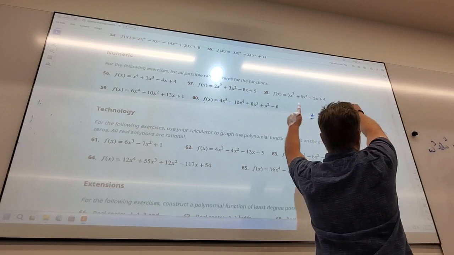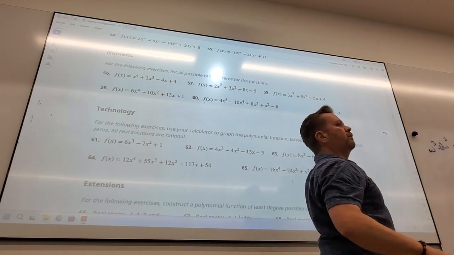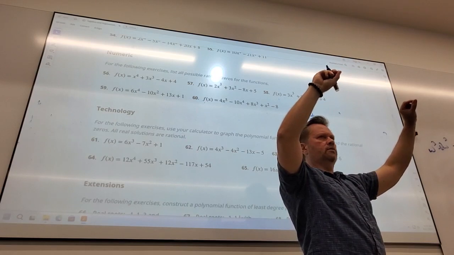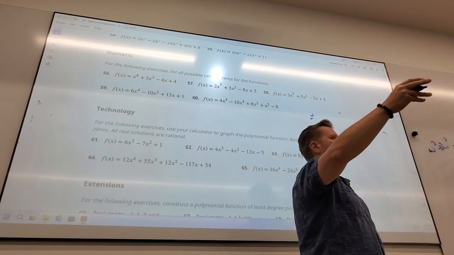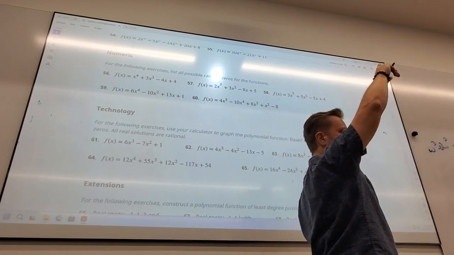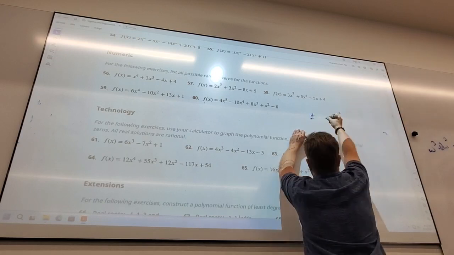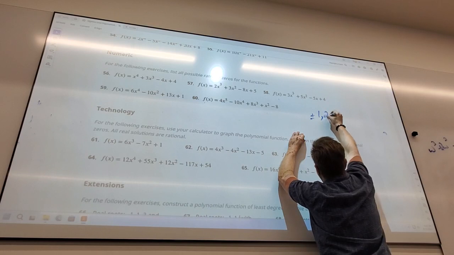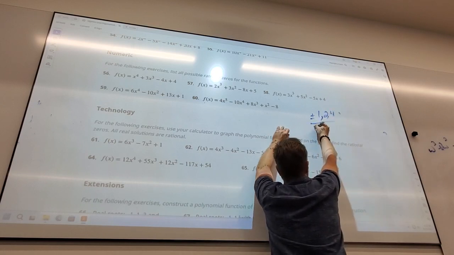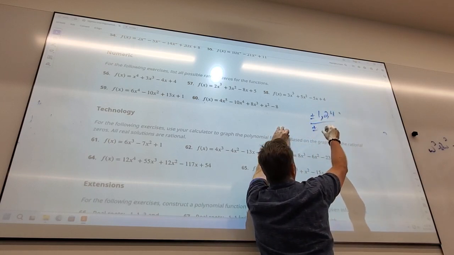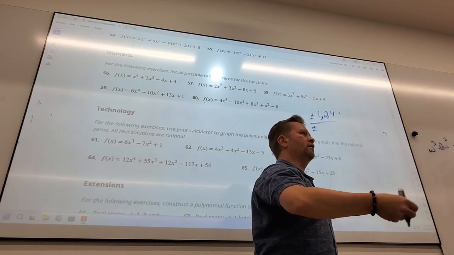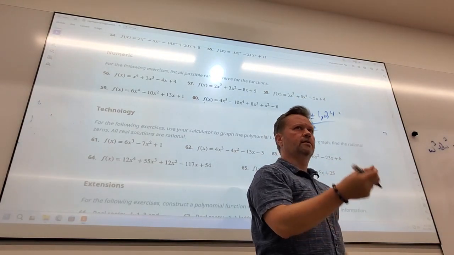What number am I looking at to generate what goes on the top of my list? 4. I love it. Factors of the last dude, yes? Okay. Plus or minus 1, 2, 4. What goes on the bottom? Factors of the first dude, right? We talked about why that makes sense.